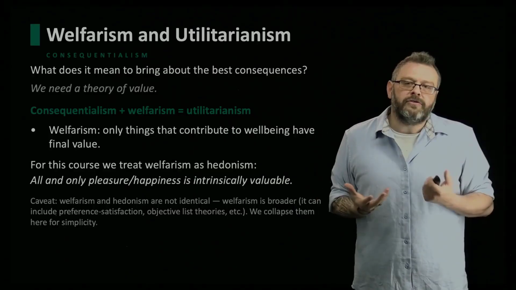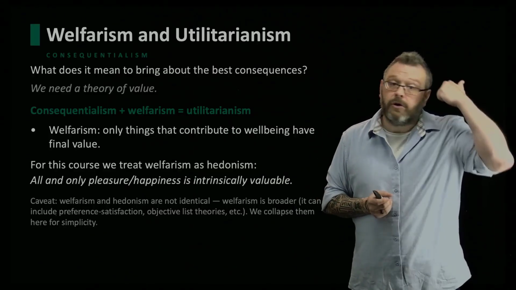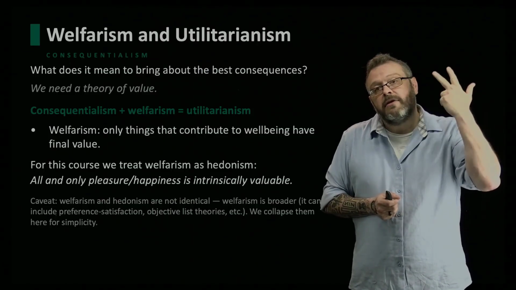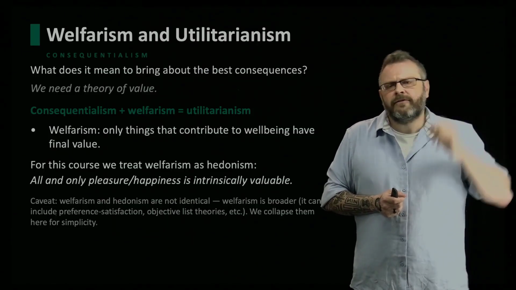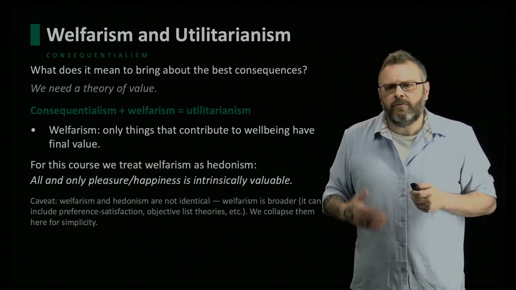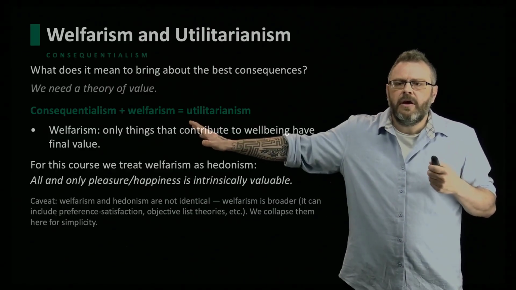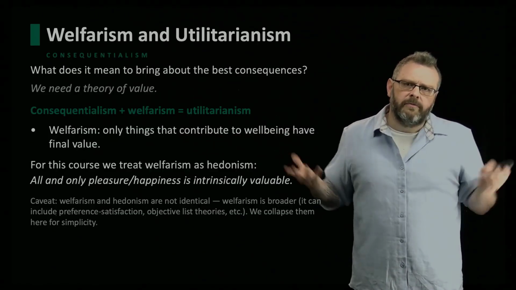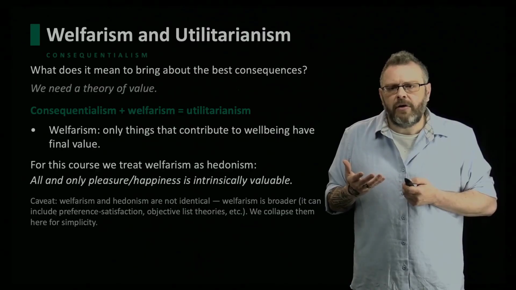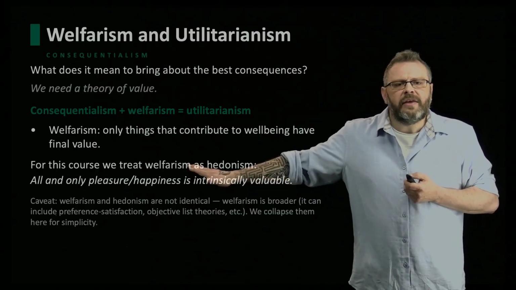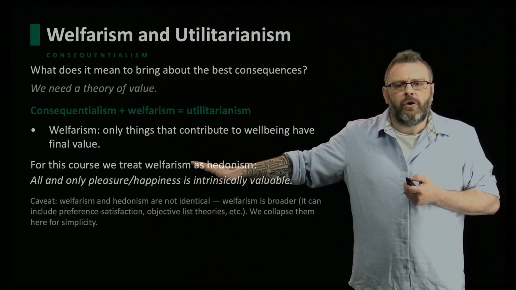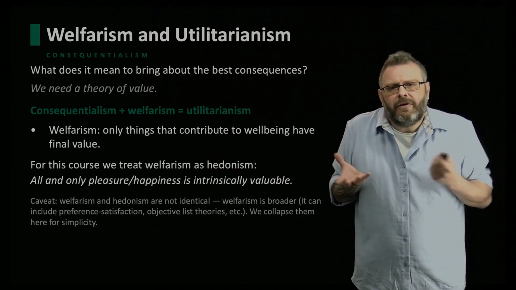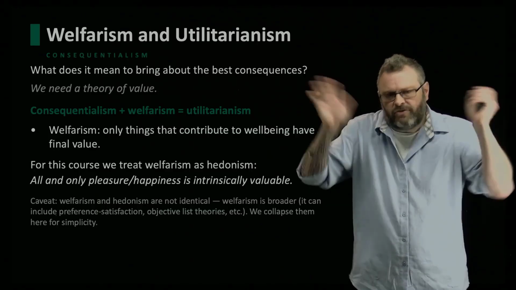And remember, we need a criterion of right, a decision procedure, and a theory of value. Now, a lot of consequentialist theories will have some kind of welfarism. Welfarism is a really broad term for a lot of different theories of value. What we're going to do is just assume a view called hedonism. Now, hedonism is, and you might have heard of this and might think, oh, sex, drugs, and rock and roll.